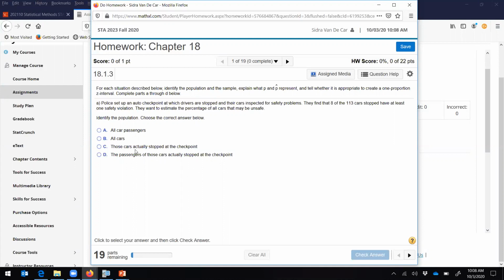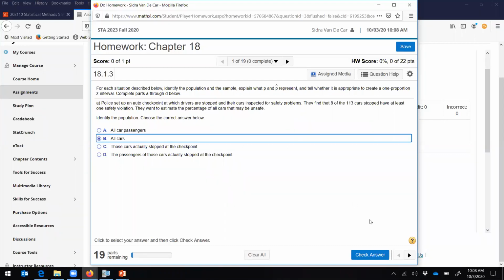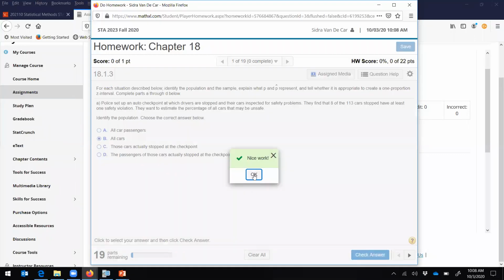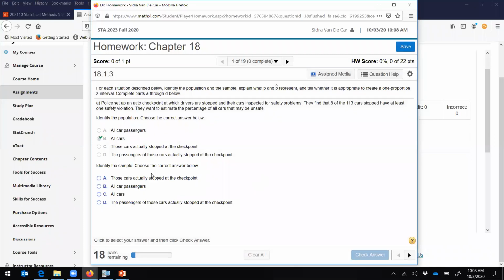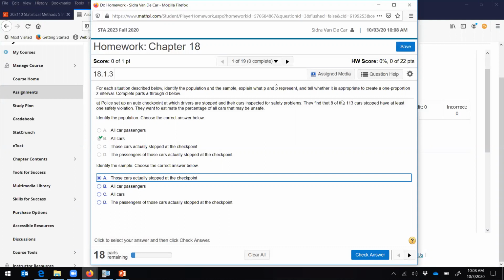So for all cars, I want to estimate the percentage of cars that may be unsafe. So we want to estimate the cars with issues. And then the sample is the cars that are actually stopped at the checkpoint, which is the 113 cars.